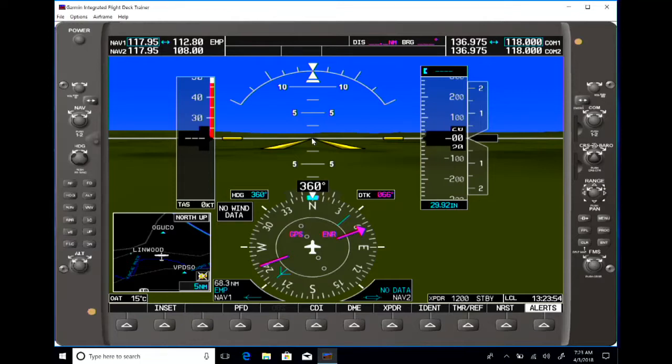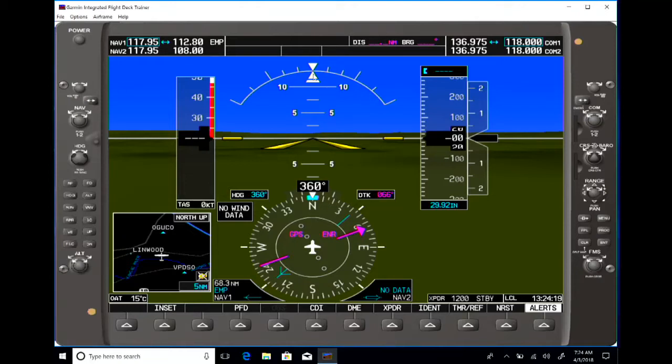Let's say, for instance, that I wanted to make a turn. Well, if I'm going to make a turn, what is it that you expect for you to start seeing differently? What do you think is going to move if I make a level turn? Well, you're going to see your bank angle change, right? Because we're going to have to bank the aircraft, correct?